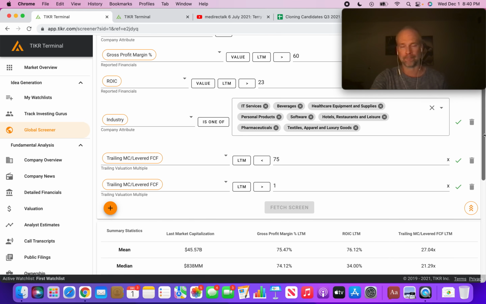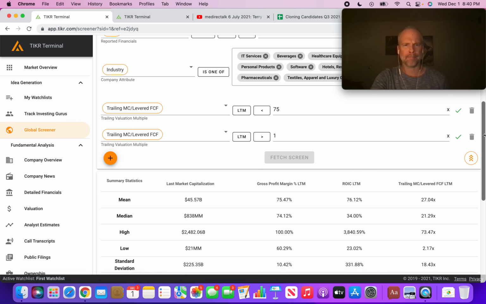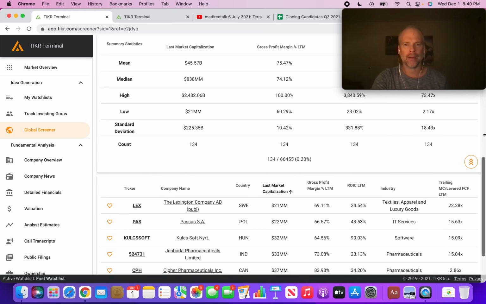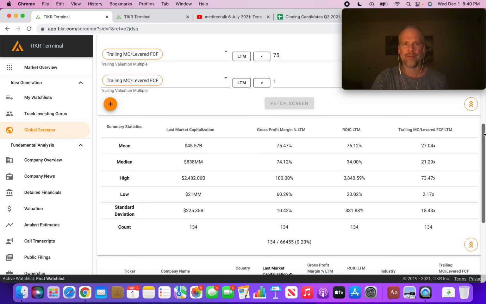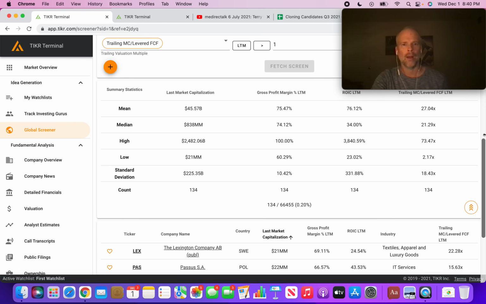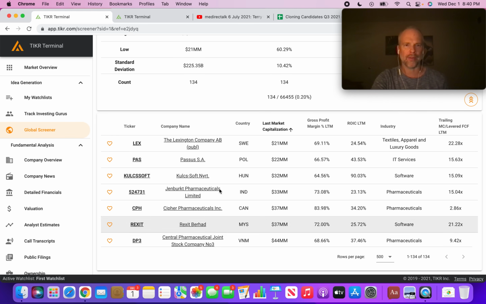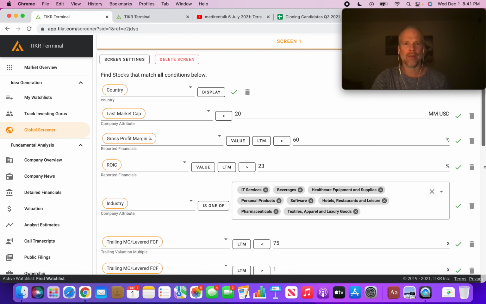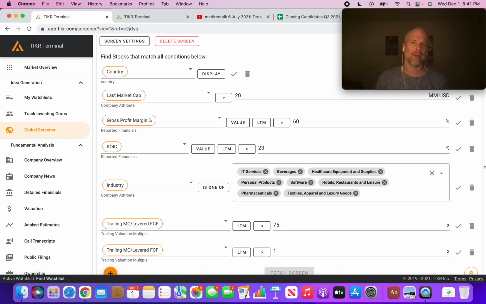At least that's what Terry Smith has seen, looking at the numbers. So yeah, I just wanted to see what we could find, putting together a Fundsmith screener globally. Obviously, you could narrow it down further to just the US or whichever country you're hunting in. But this is kind of a first stab at what a Fundsmith screener might look like.